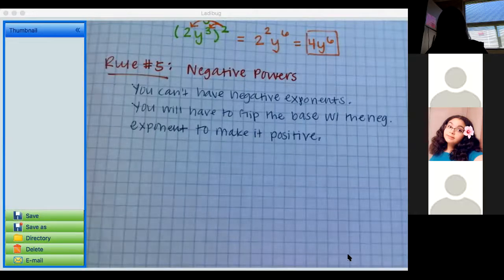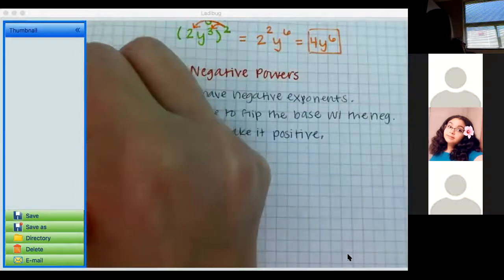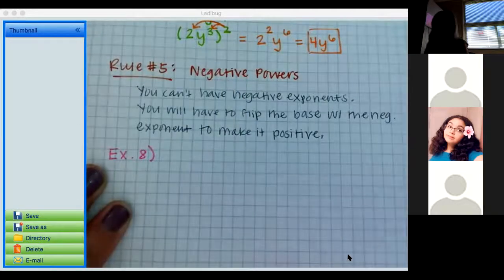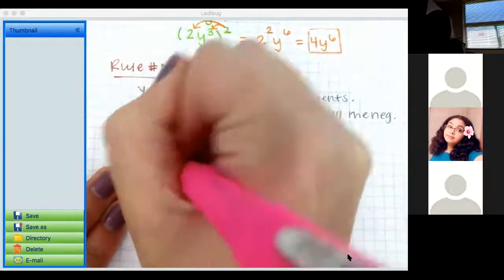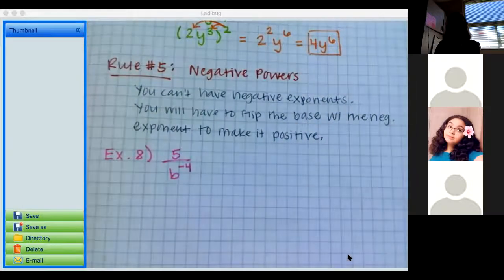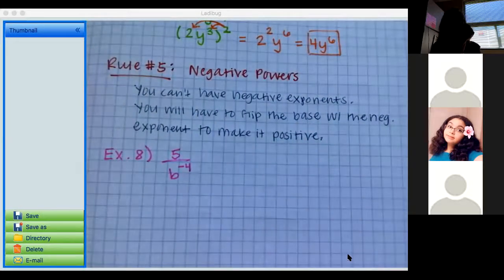You can't have negative exponents. If you have one, you'll have to flip it to make it positive. So write this example down for me.